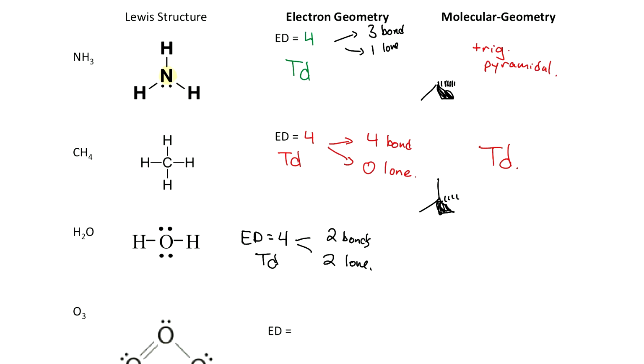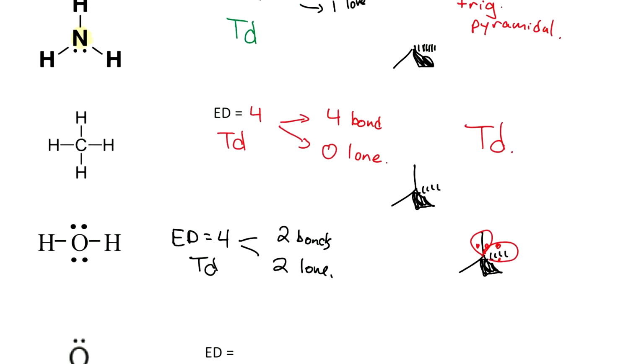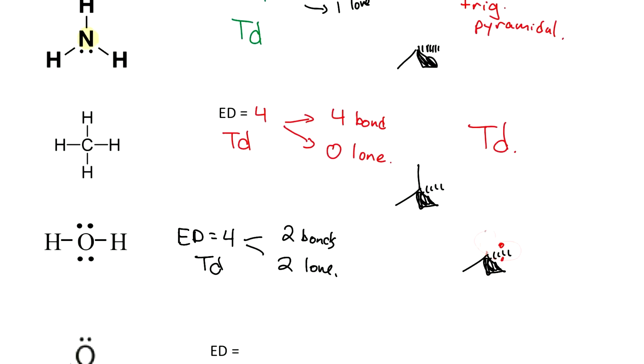So again, we want to start with our electron domain geometry, but how many legs are we going to erase this time? 2 of them. So 2 of them are lone pairs. I'm going to put 1 right there, and I'll put 1 going backwards over there, right? Those are my 2 lone pairs. So I'm just going to go ahead and erase them and ask you what shape is left over. What is that? That is a bent shape.